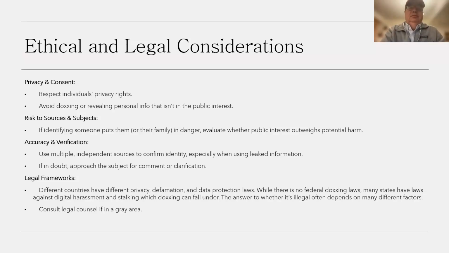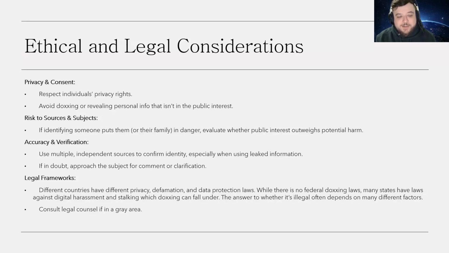Then there's just simply the accuracy and verification aspect of it. At the end of the day, you want to use multiple independent sources to confirm these identities, especially when using leaked information. Daniil and Elisa both used publicly sourced leaked information, and sometimes that information is not always accurate, so you've got to be a good journalist and actually make sure it's accurate.